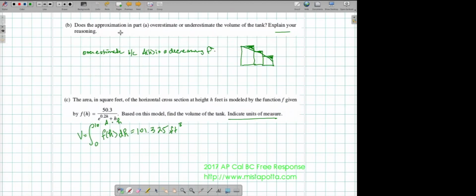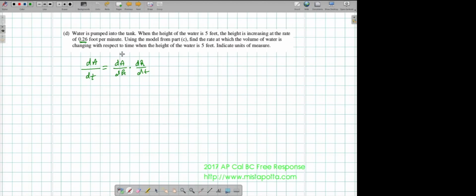And from the previous problem, we know that our area is given by this formula. So what I really want to do is take the derivative of that formula, 50.3 divided by e to the 0.2h plus h.